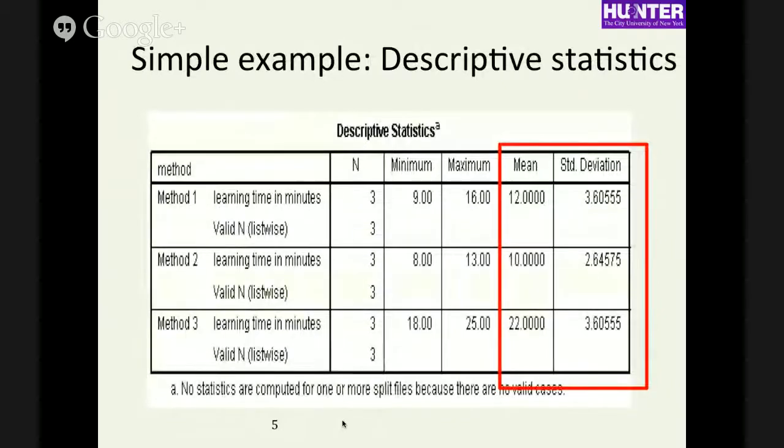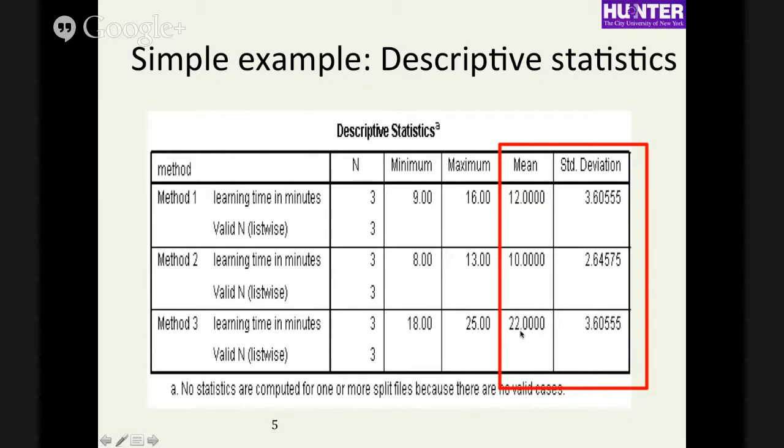Here are some descriptive statistics. The first thing that you're going to do when you test hypotheses is look at them. For each of these groups, there are just 3 observations, and we see the means and the standard deviations. Means are 12, 10, and 22.